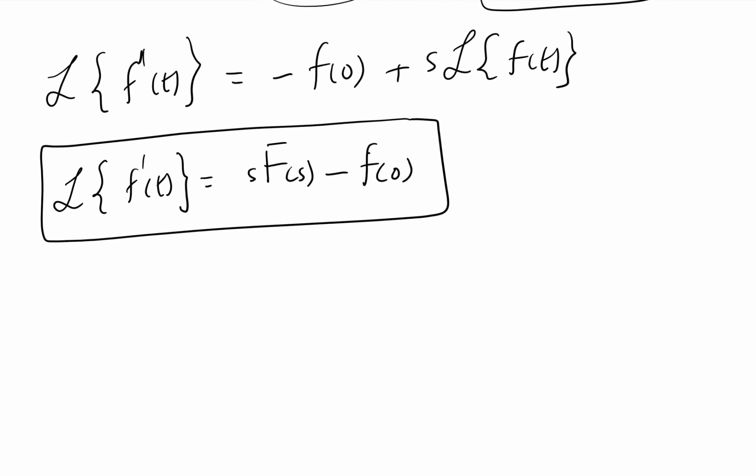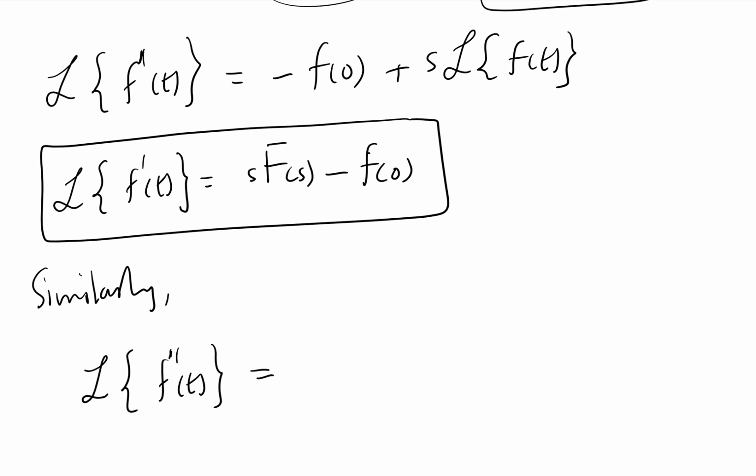Similarly, we can run through the same way and do integration by parts to find a formula for the Laplace of the second derivative of f, which is going to turn out to be negative f prime of 0 plus s times the Laplace of f prime. That's from the first derivative.